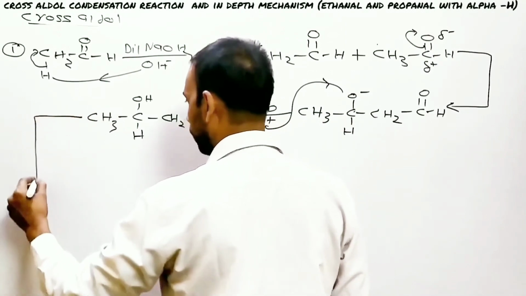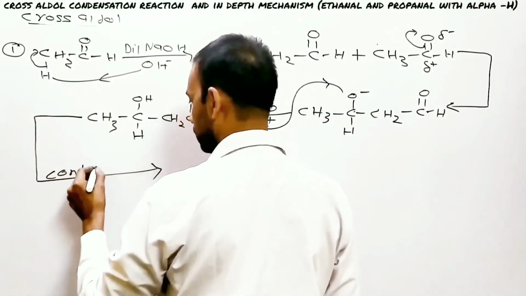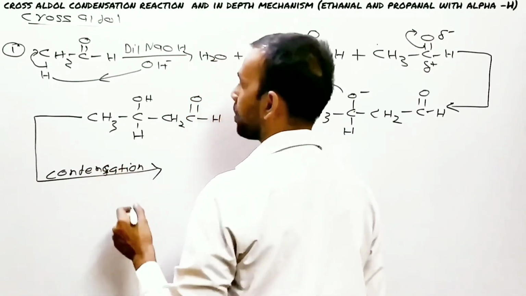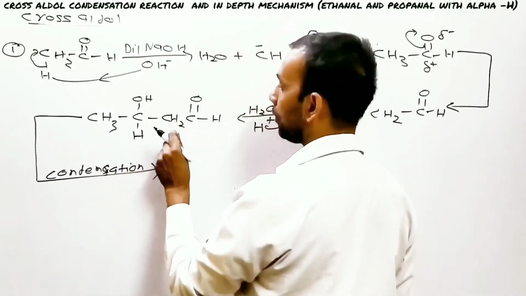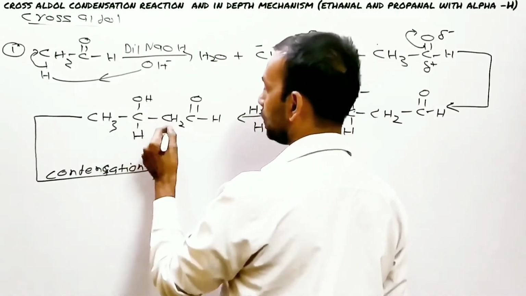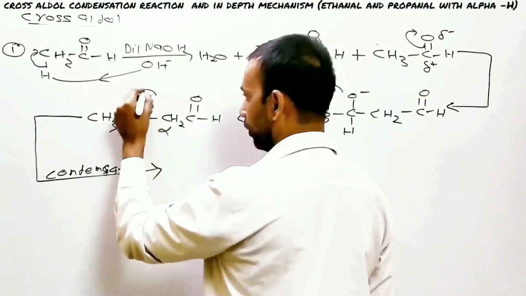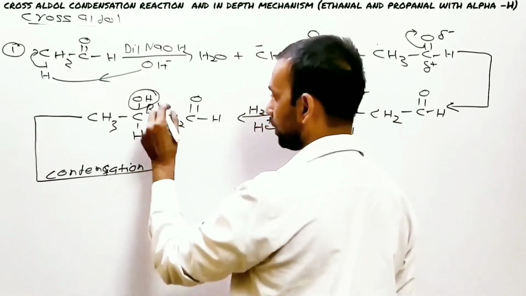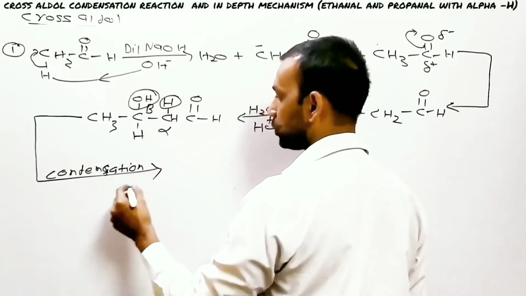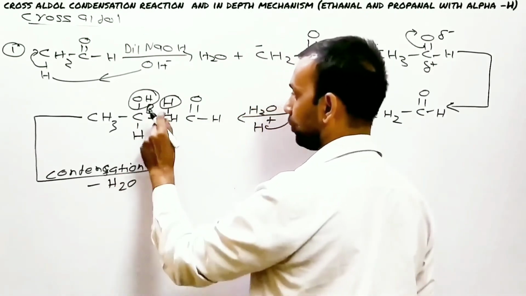In the last step, this undergoes condensation. During the condensation, this is your alpha and this is your beta. From there, OH comes out and from here, H comes out. This produces water, which evaporates, and a double bond is restored.